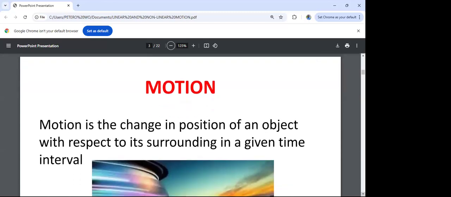The first thing that we are looking at in this lesson is to understand the term motion. I'm going to ask one of you to read for us what you see on screen, such that we can know what we are going to be looking at. How have they defined motion to us?